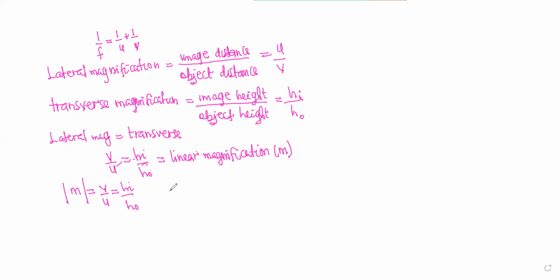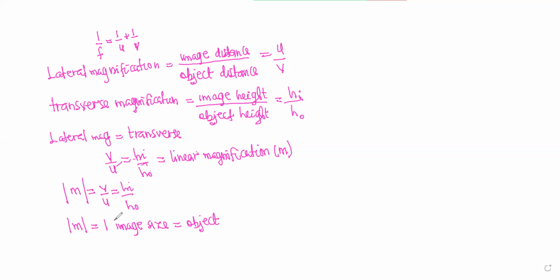Now, when you find the magnitude of linear magnification and the value of linear magnification is equal to 1, we say that image size is equal to object size, or image height is also equal to object height.